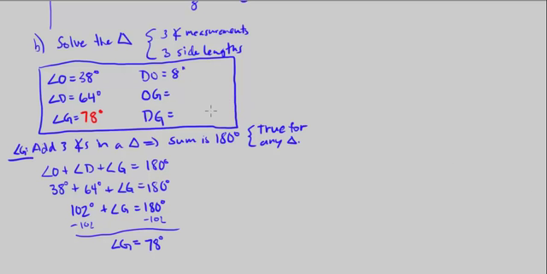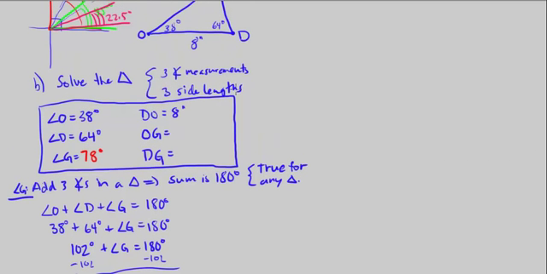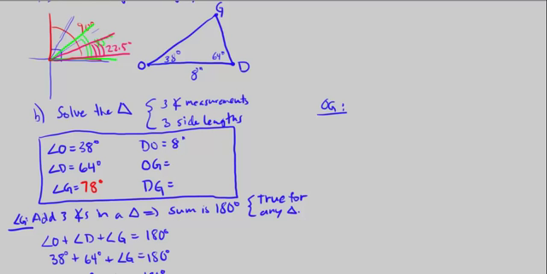Alright, so now we need to find side OG and side DG. So the way we're going to do that is using our law of sines. So here we're going to look for OG, right? And I'm going to even write in 78 degrees here in the triangle.